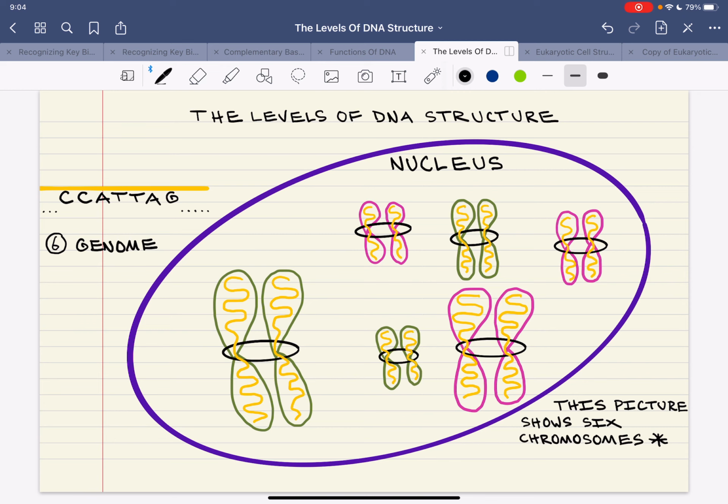For this simple diagram here, the genome would be basically, let me fix that. I think this will work. Not bad.